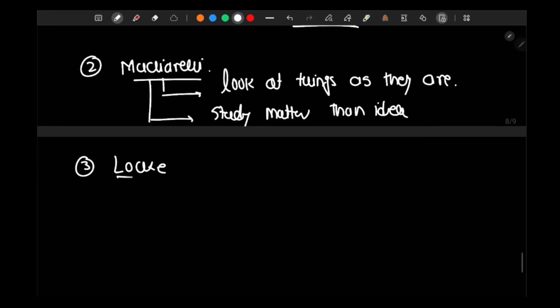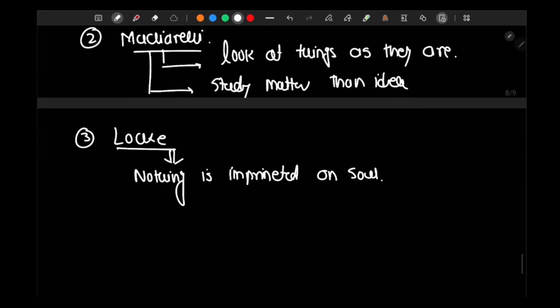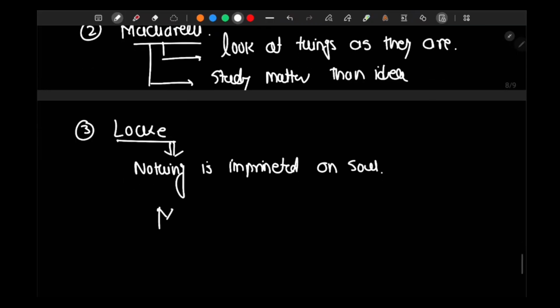Right? Locke, in criticism of Socrates, says nothing is imprinted on the soul. There is no intuition of justice that is imprinted on the soul. Mind is tabula rasa.